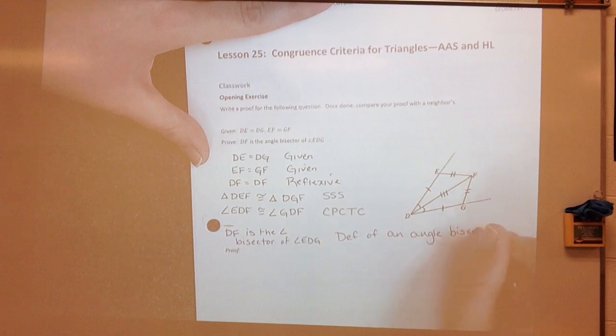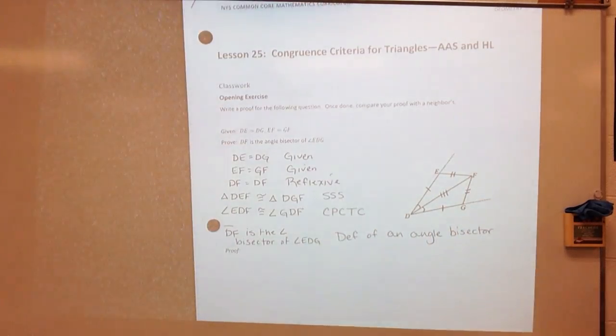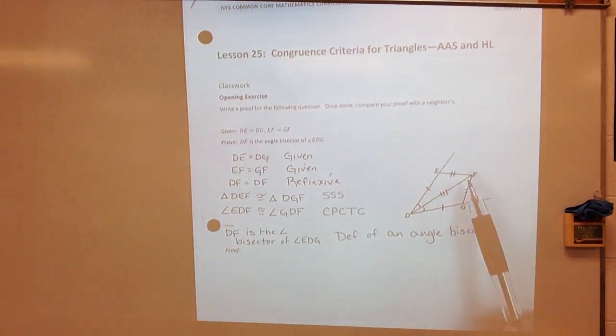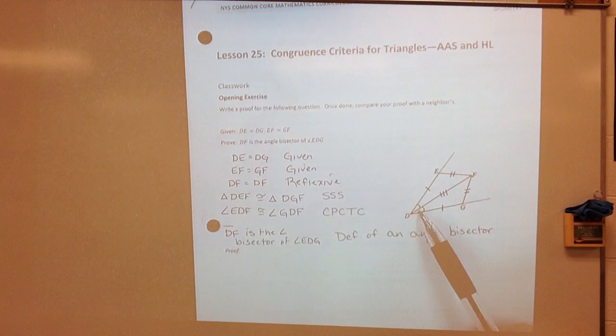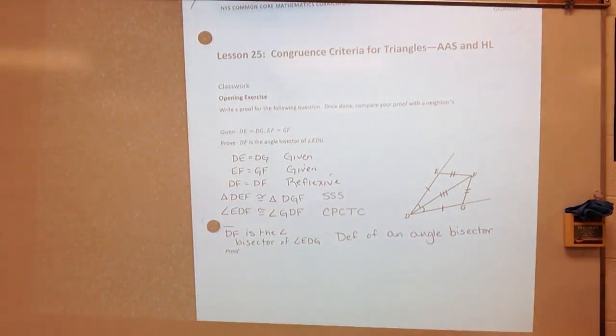The definition of an angle bisector is a segment that divides an angle into two equal parts. So that's all there is to that.